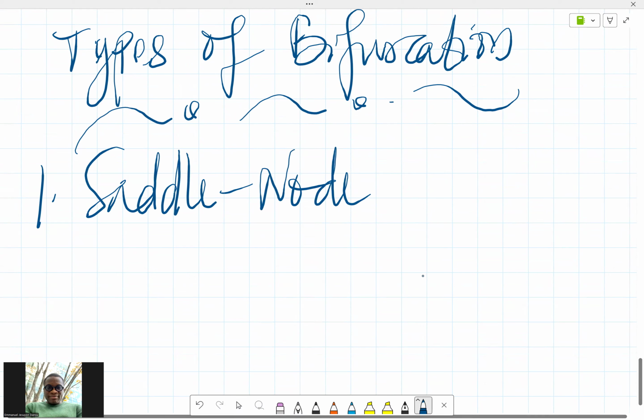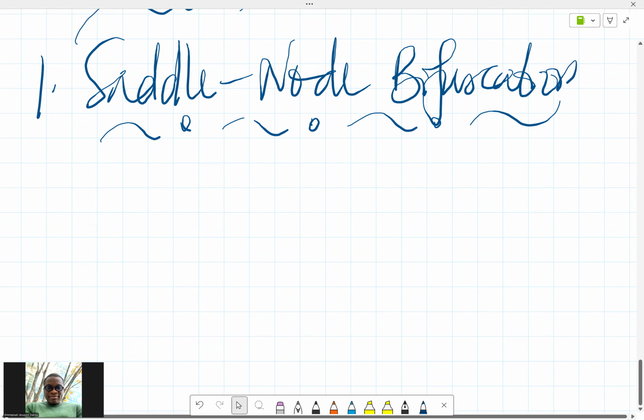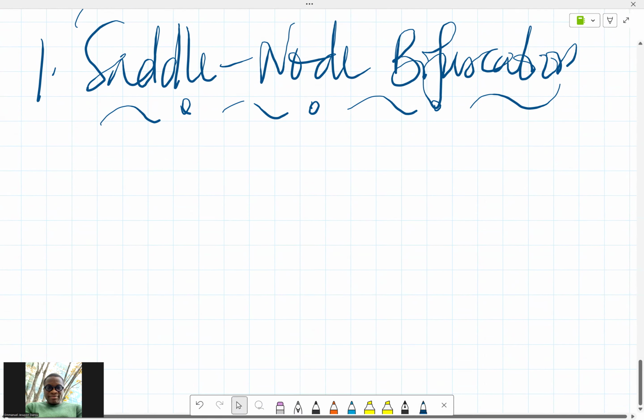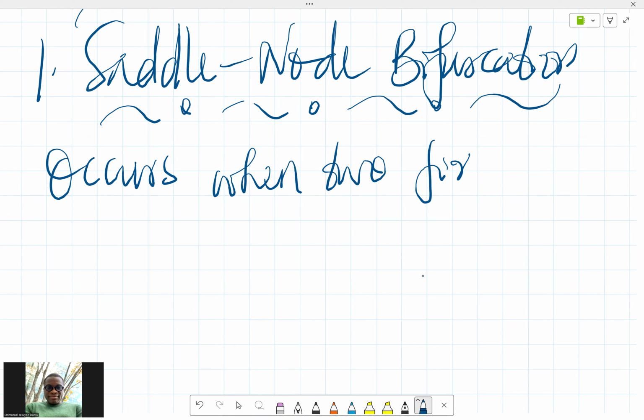I think two videos before now we talked about how to classify equilibrium points, and the first one we saw was the node, unstable node and stable node, where you have real eigenvalues of the same sign. When they are both positive, that's an unstable node. When they are both negative, that's a stable node. But for a saddle, one is negative and one is positive. So you have saddle node bifurcation.